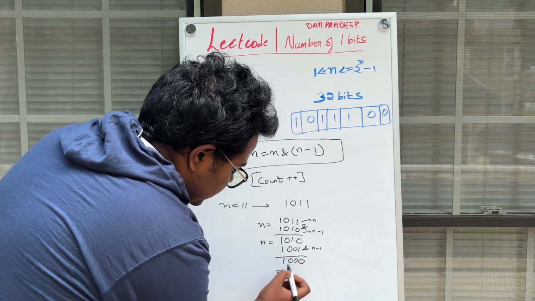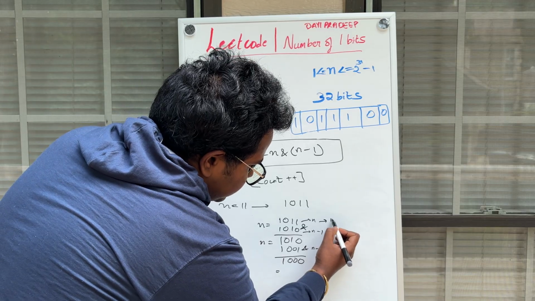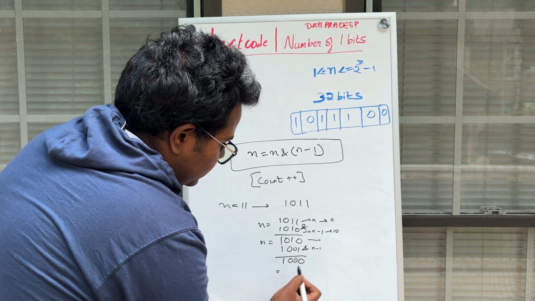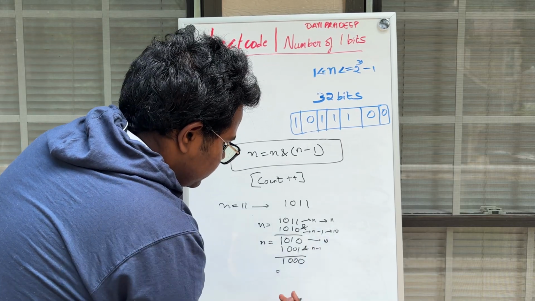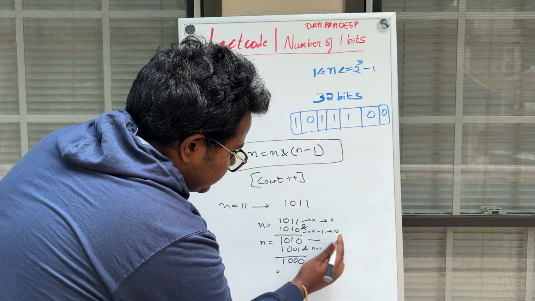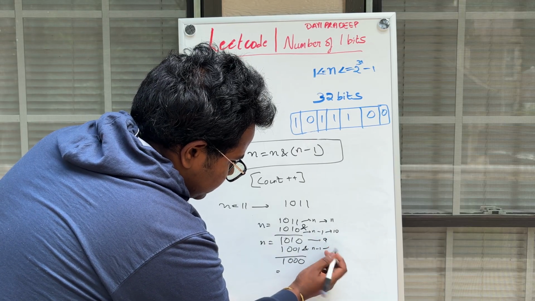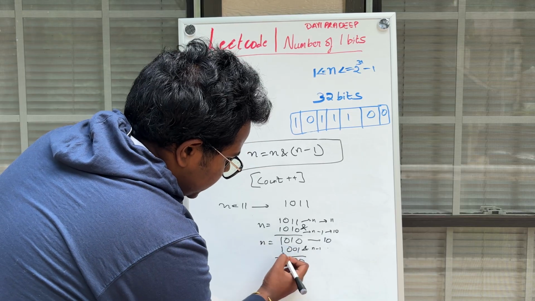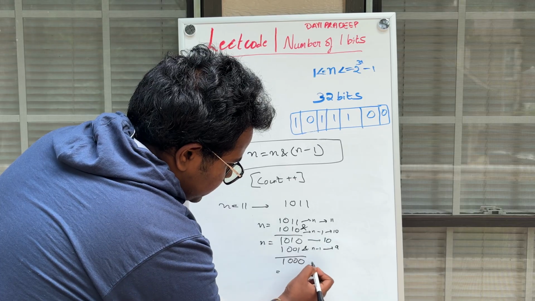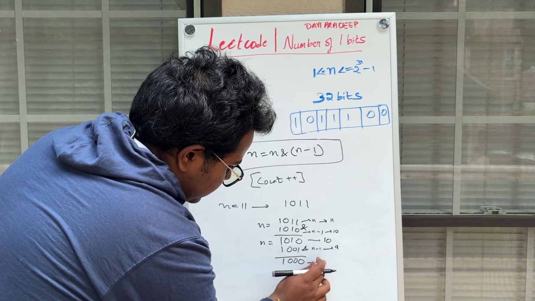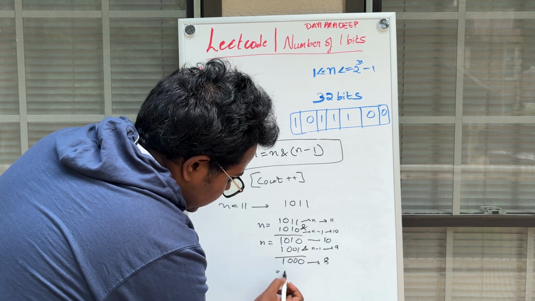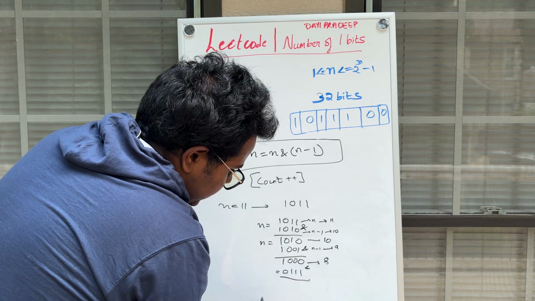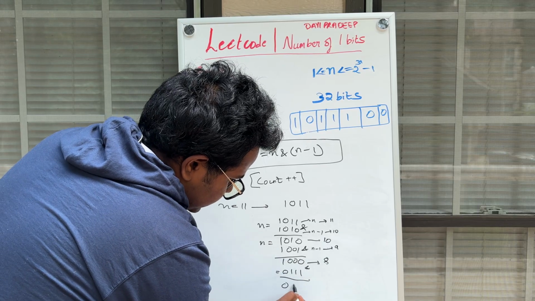Again, here you need to see this is the value of 11, this is the value of 10, and this is the value of 9, and this is the value of 8, and if I decrease 1, which is 0111, which is 7, the result is 0.